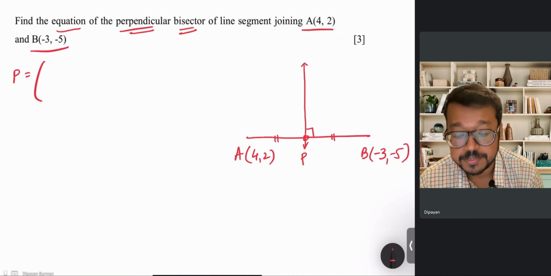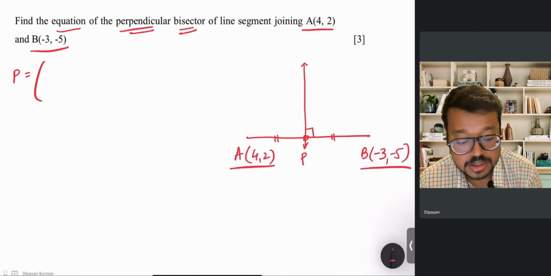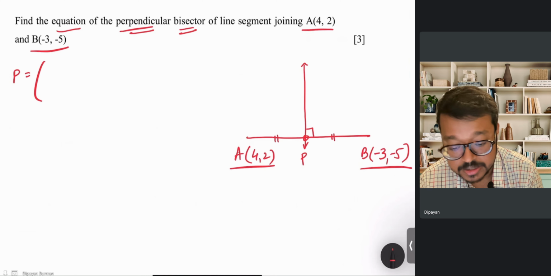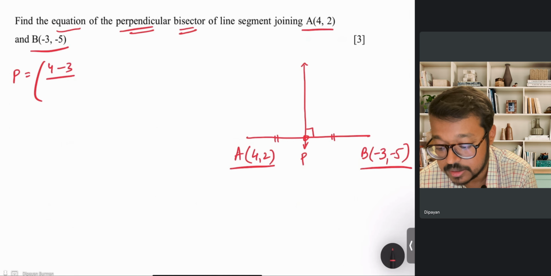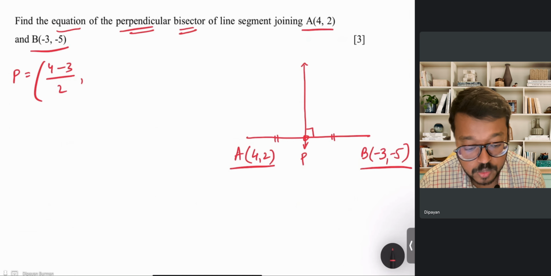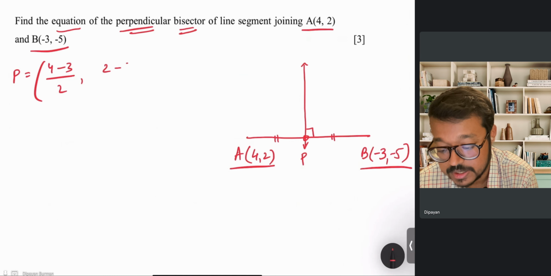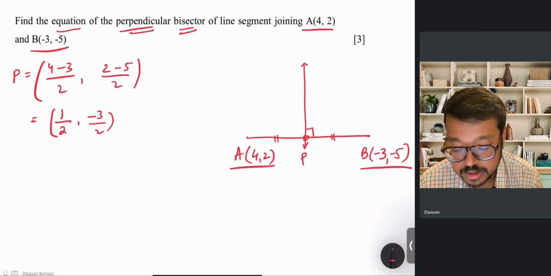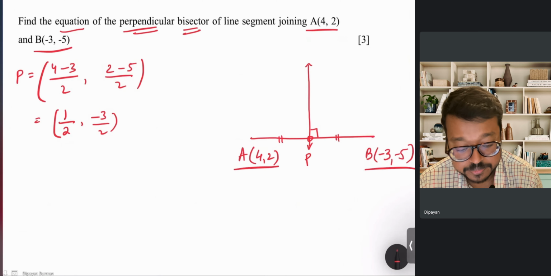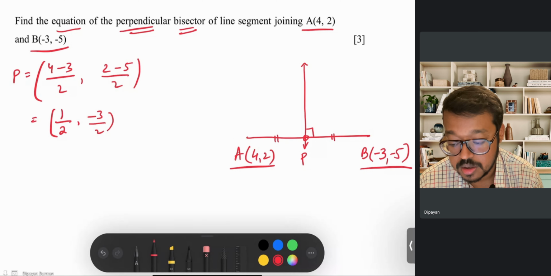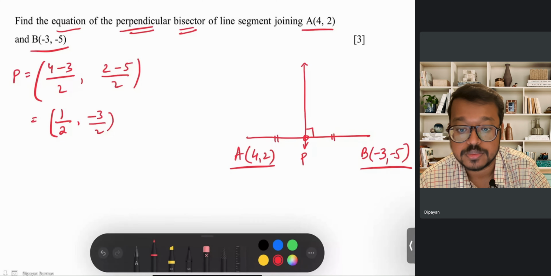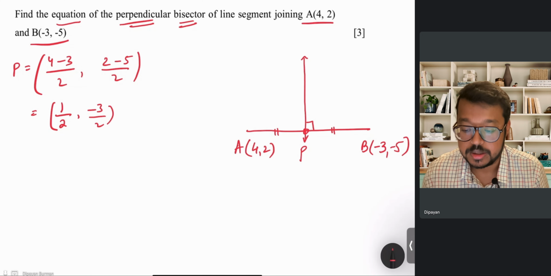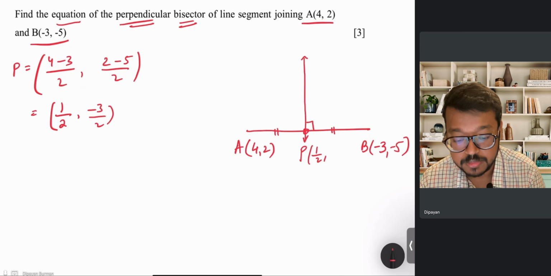The endpoints are A and B. So the x coordinates are 4 and minus 3, so I have (4 minus 3) by 2, and the y coordinates are 2 and minus 5, so (2 minus 5) by 2. 4 minus 3 is 1, so 1 by 2, and 2 minus 5 is minus 3. So the coordinates of point P we have found out is (1 by 2, minus 3 by 2).